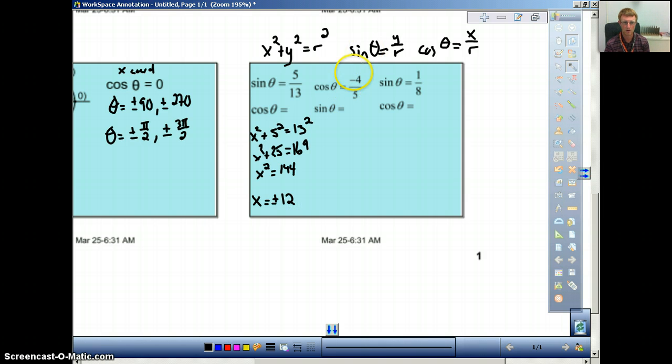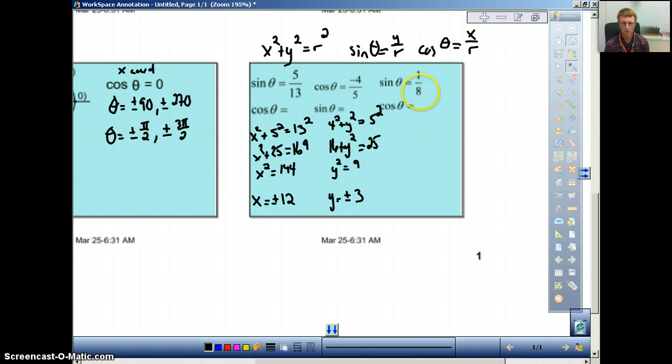Do the same thing here. Here, because it's cosine, we have an x, but we're looking for the y. So that means we have 4 squared plus y squared equals 5 squared. So we have 16 plus y squared equals 25. Y squared equals 9. Y is equal to plus or minus 3.